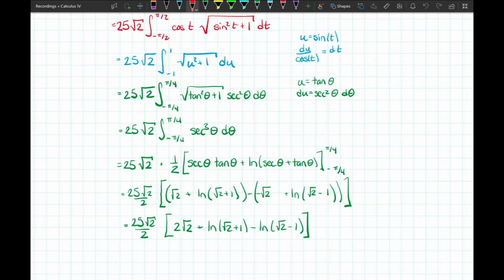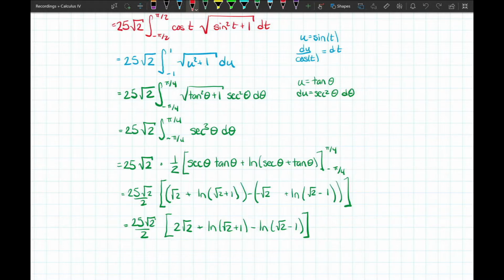It's when we start collecting terms and distributing negative signs that we end up seeing two very similar logarithms. And we have this negative sign in front of the logarithm of root 2 minus 1. Remember that if we want to bring that negative sign in and make this a positive, then we'd end up with the reciprocal.